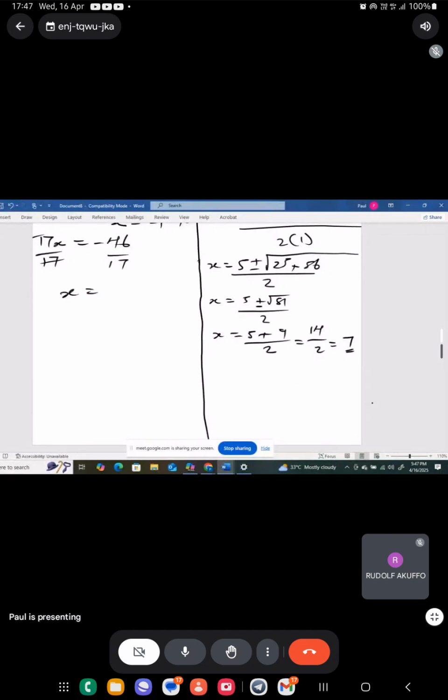And also x equals 5 minus 9 over 2, which gives us minus 4 over 2, which is minus 2. So the answers for x are minus 2 and 7 respectively.